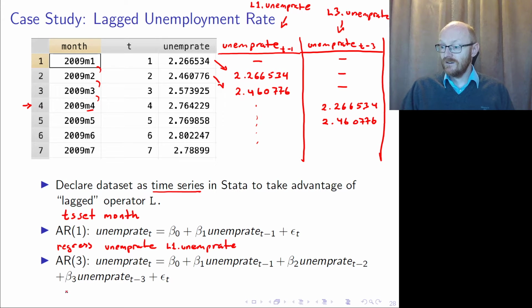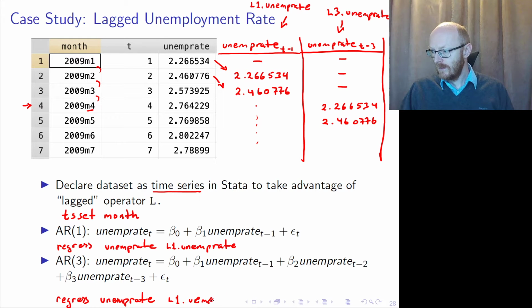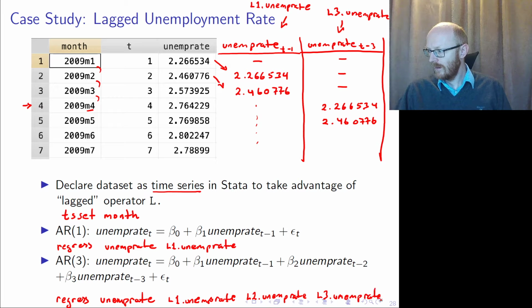Okay, and you can do the same with an AR3 model. You can just write regress unemp rate on L1 unemp rate, and you would have the L2, and you would have the L3 unemployment rate.